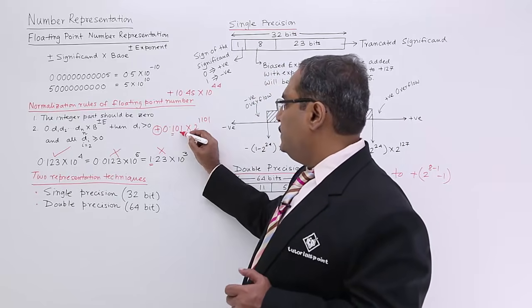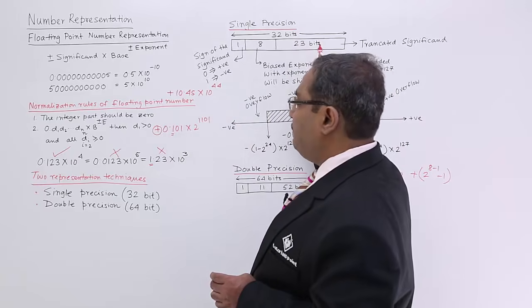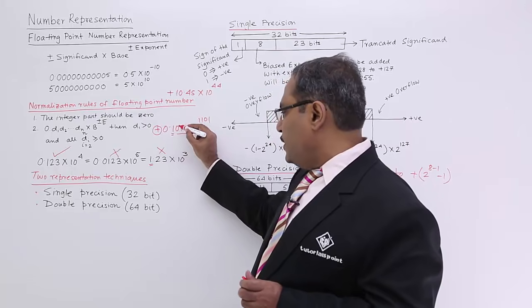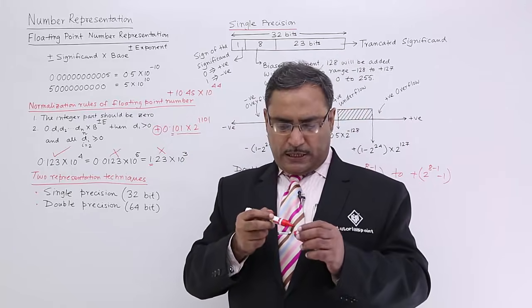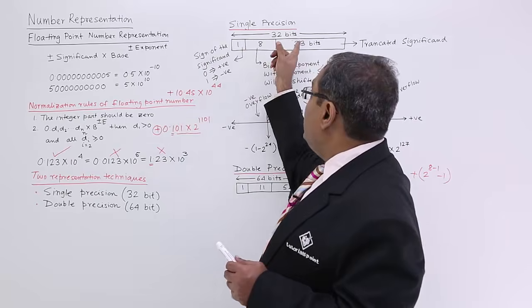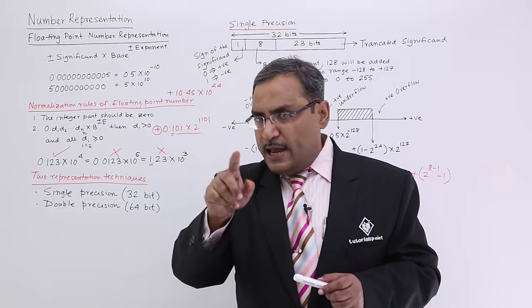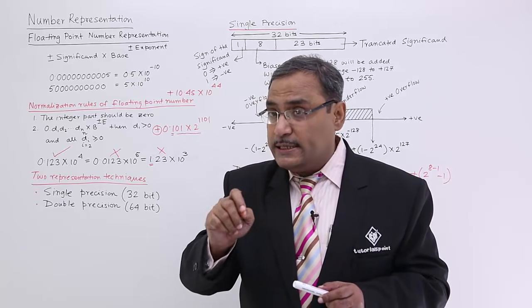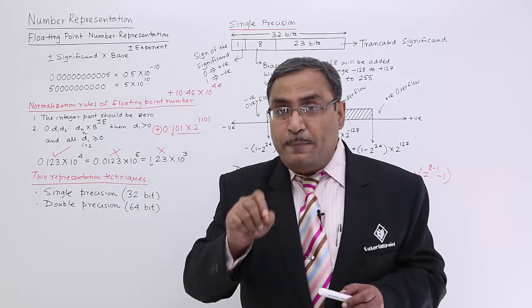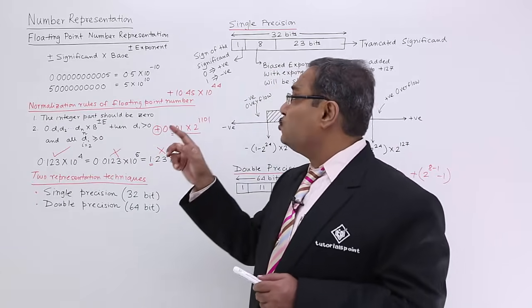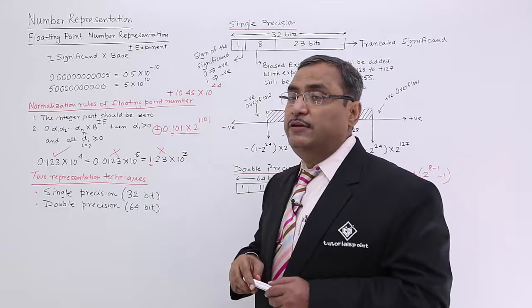So using these 23 bits of space, I can represent the rest of the significand or mantissa, and utilizing 23 bits of space, I am actually representing one hidden bit, this first one. So I am representing 24 bits of information. That's why it is called the truncated significand.